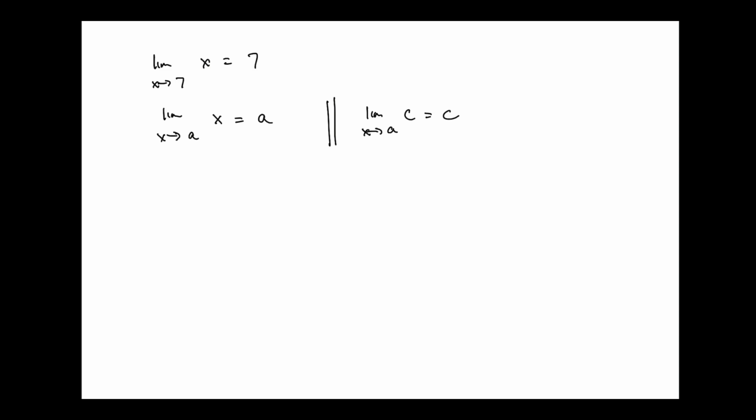Okay. All right. Now, we have those two results: the limit of x is just whatever you're approaching, and the limit of a constant is itself. So if I have a polynomial, what does a polynomial look like?